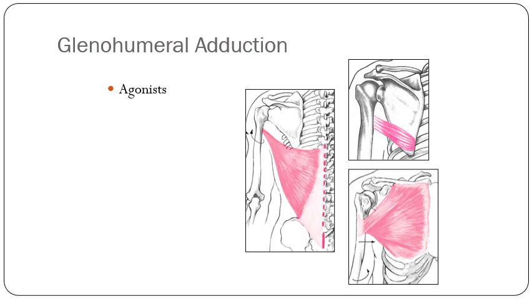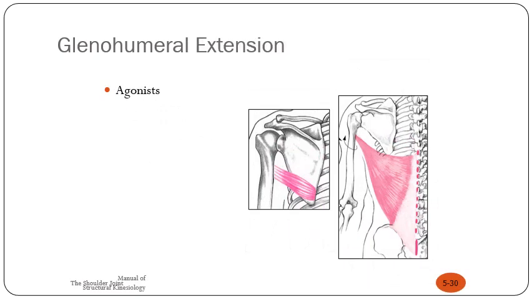Glenohumeral adduction, you have the latissimus dorsi, the teres major, and the lower pectoralis major. So the lower portion of the pec major will contribute to horizontal adduction. Glenohumeral extension, teres major, latissimus dorsi.